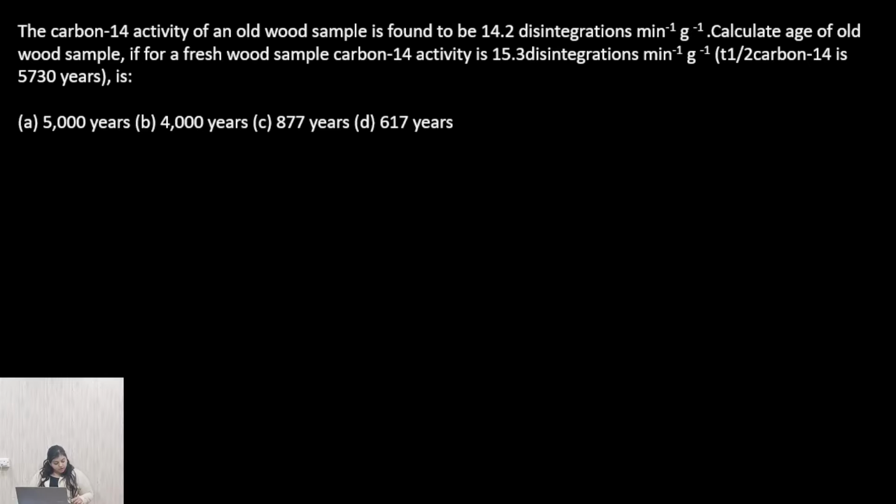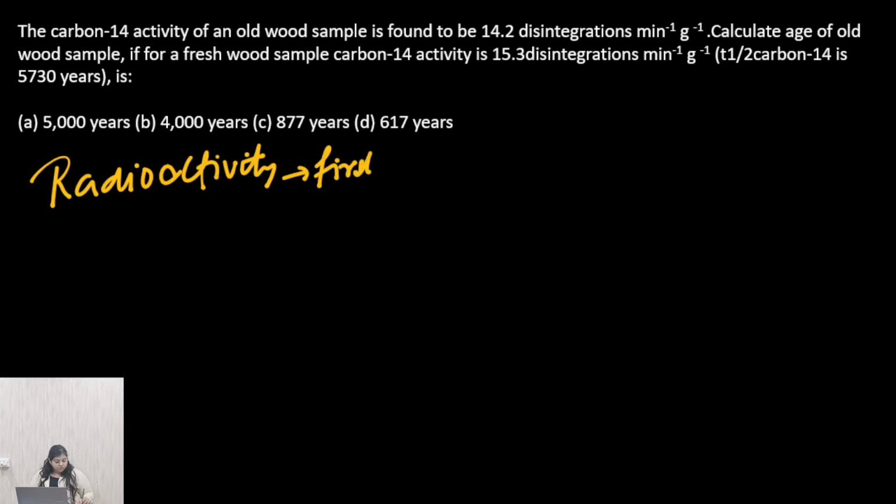So now we know that radioactivity follows first order kinetics. Here we are given the values of the activities, the initial one and the remaining one. The initial one is this much, and the remaining one is this much.